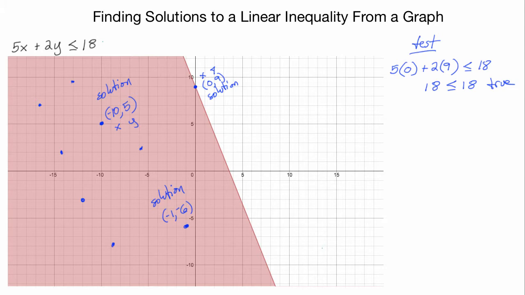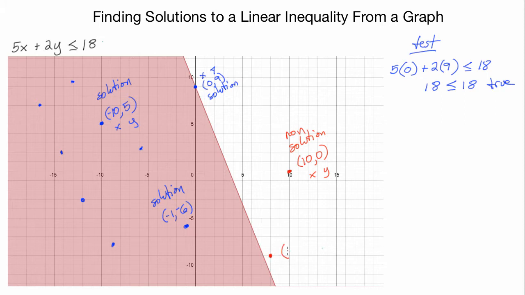All right, now let's look at a couple non-solutions. One non-solution is right here, the x-intercept. So this point, when x is 10, y is 0. It's a non-solution. In other words, if I put 10 in for x and 0 in for y, that inequality will not be true. This point right here is not in the boundary region.